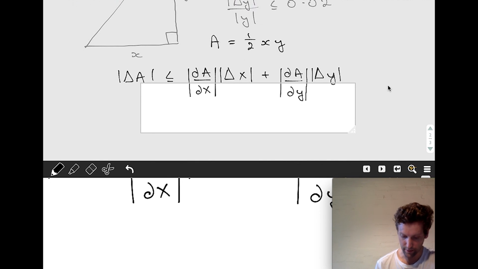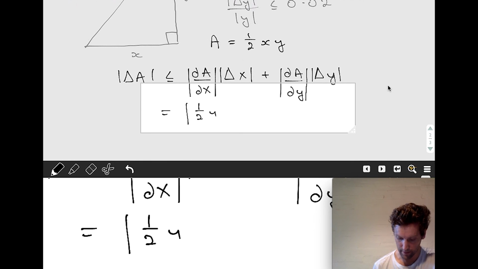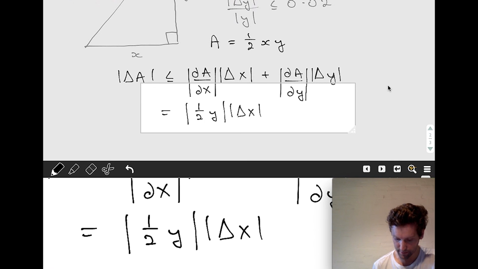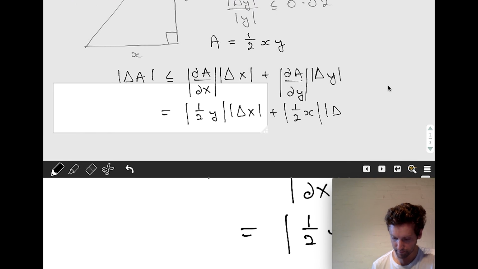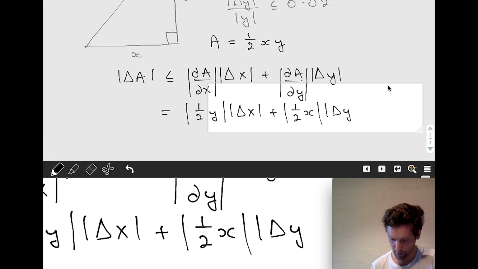So this is equal to dA/dx, which was 1/2 times y, multiplied by delta x, plus dA/dy, which is 1/2 times x, multiplied by delta y.